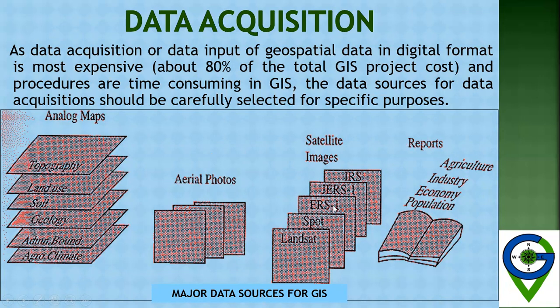Then a major source for GIS is satellite images, which give us the real images of the Earth's surface. Then many reports, like agriculture, industry, economy, and population, like the census data, contain major data sources for GIS.